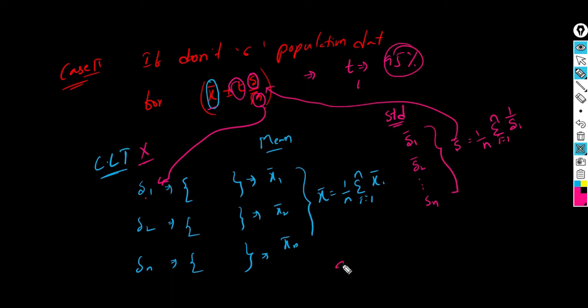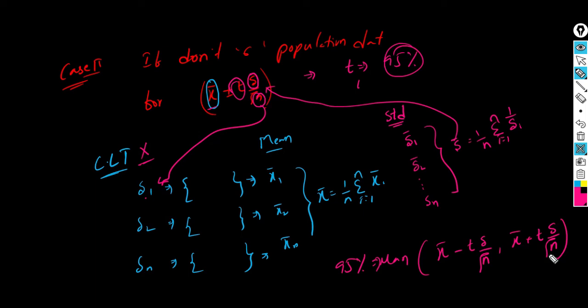By this way, if you want to find the 95% confidence interval of the mean, it is x bar minus t into s by root n to x bar plus t into s by root n. This is the way to find the confidence interval of the mean if you don't know the standard deviation of the population data.